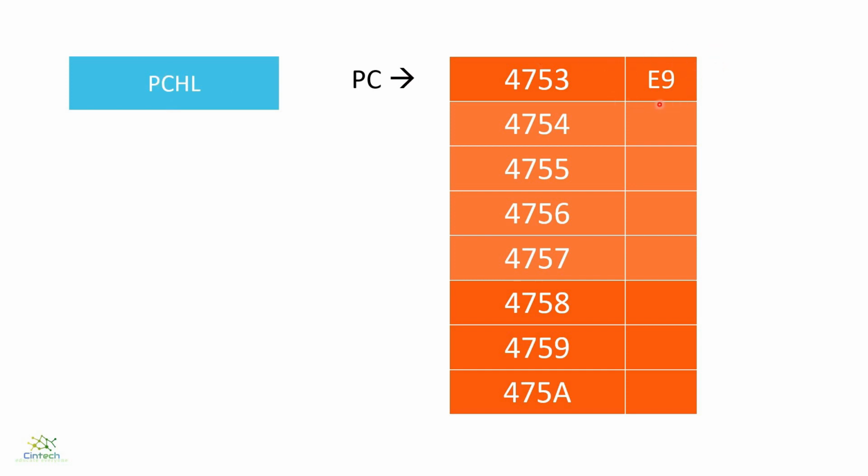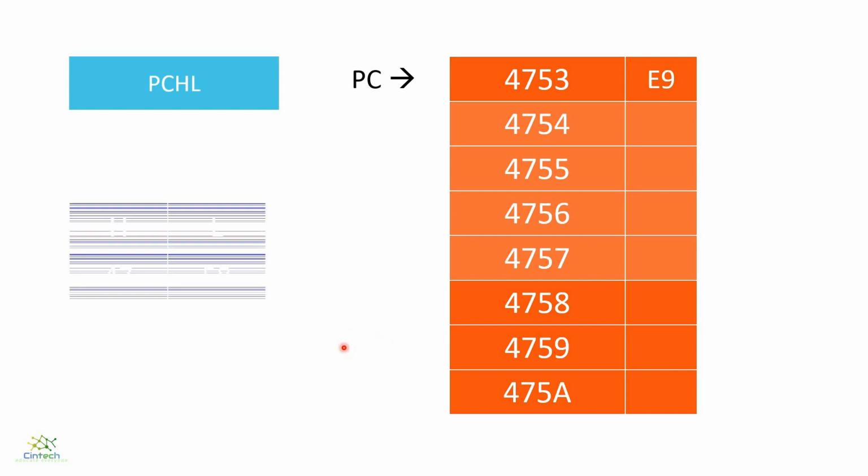Certainly this is in its 8-bit binary form, but for cleanliness I have written E9 here. So E9 has to be fetched, decoded and executed as I have stated earlier.